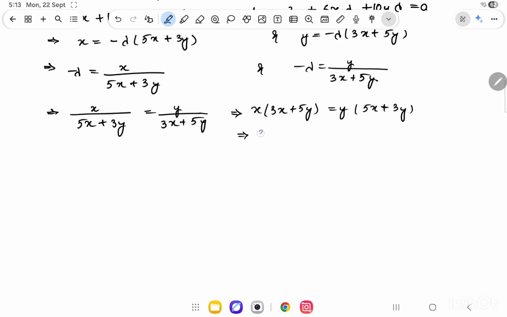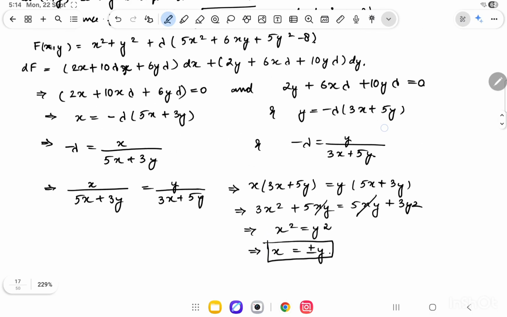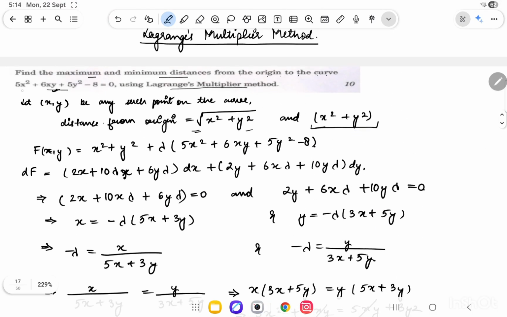So from here I get 3x square plus 5xy equals 5xy plus 3y square. We can cancel 5xy from both sides, so we are left with x square equals y square. So x is either equal to positive y or negative y. Now this is the relation between x and y, and from the question we know that our point (x, y) lies on the curve.